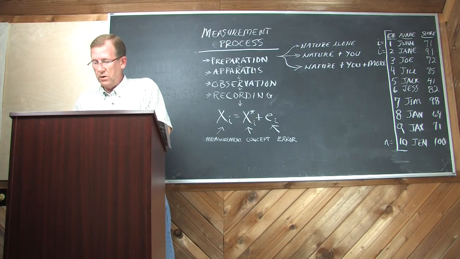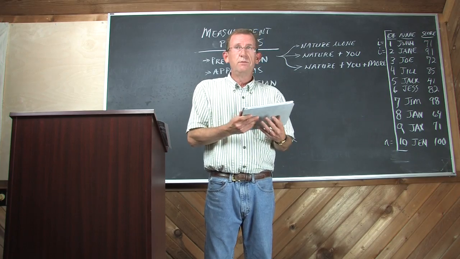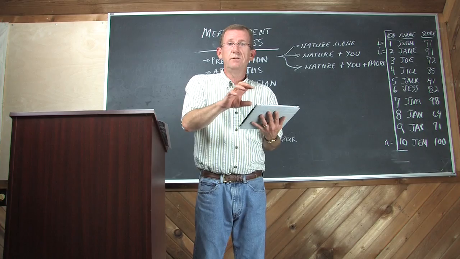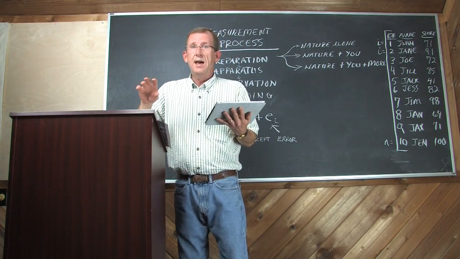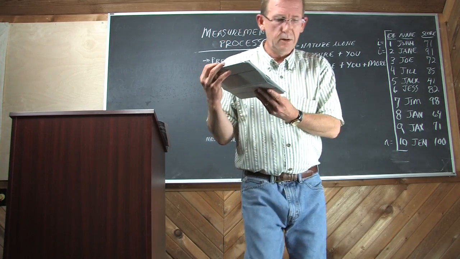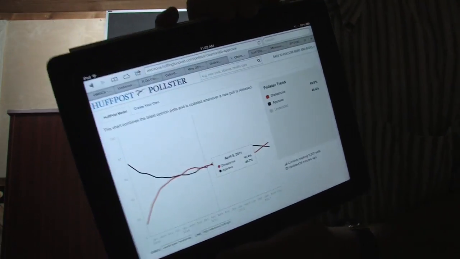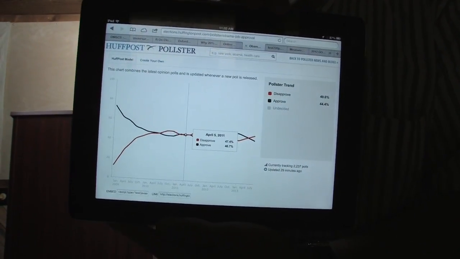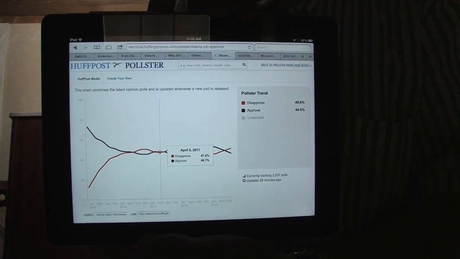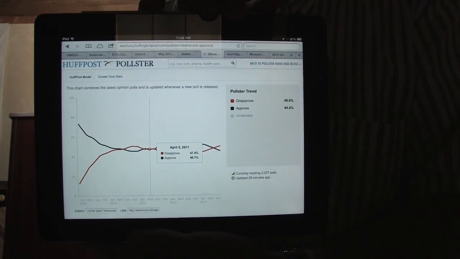I spoke last, in one of the earlier videos, I referenced Pollster.com. This is a group that's been bought by Huffington Post, and they aggregate data from sources all over. I'm going to try to make this work. The only introduction of high tech. There we go. That is the record of President Obama's approval ratings throughout his term.